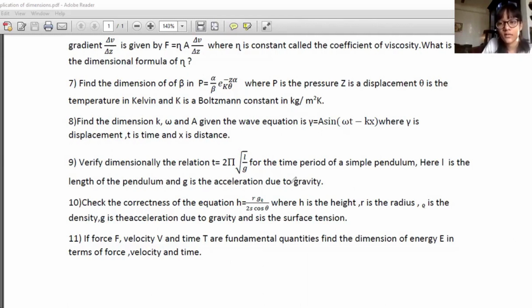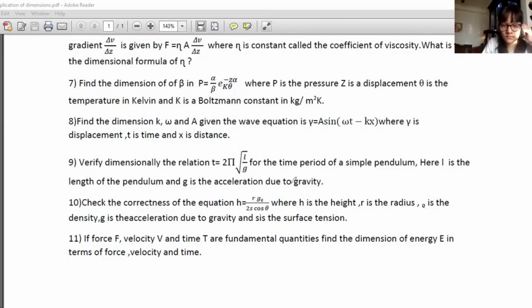What is the dimension on the left hand side? T. And on the right hand side? T. So the left hand side dimension is equal to the right hand side, so dimensionally it is correct.